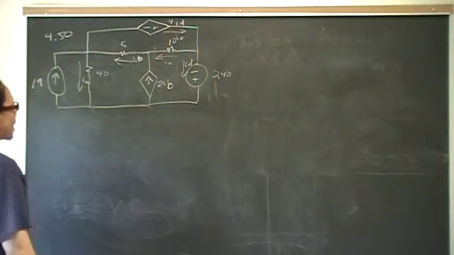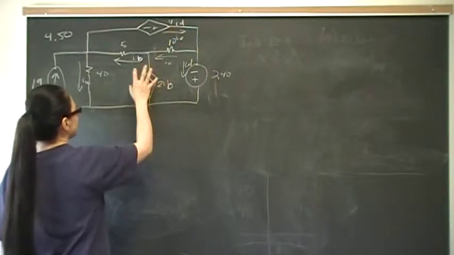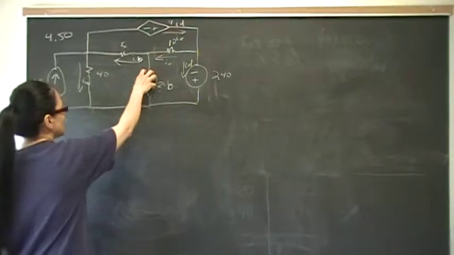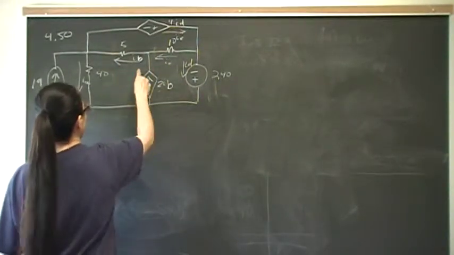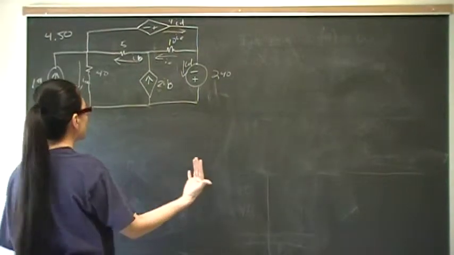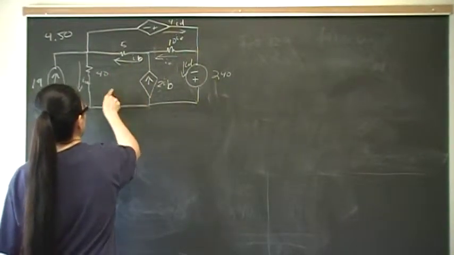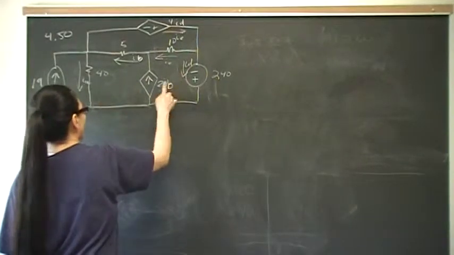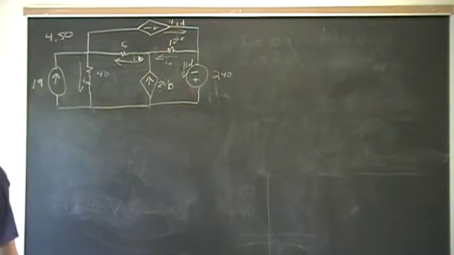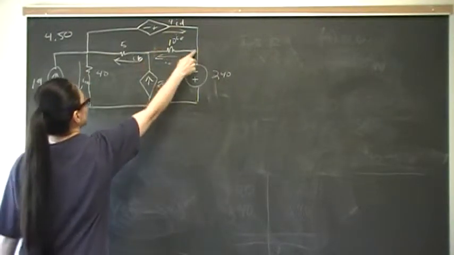The reason why KVL will still hold, if you treat it like you removed it and then just went around the voltage drops here, is because we're going to demonstrate when we do the problem that when you have a mesh here, you're going to end up canceling out the current source, so it becomes a non-factor, which is why KVL will hold on the outer loop.